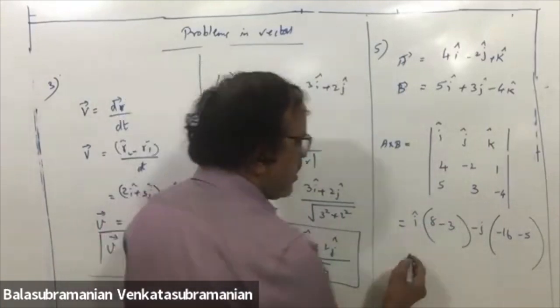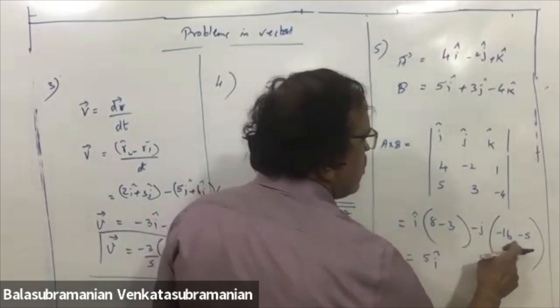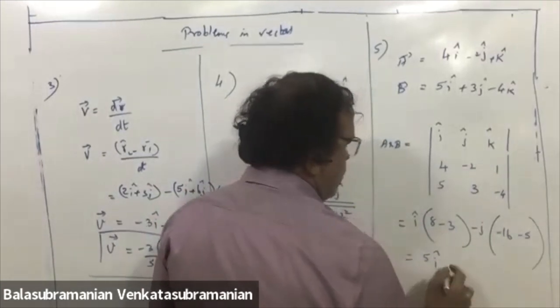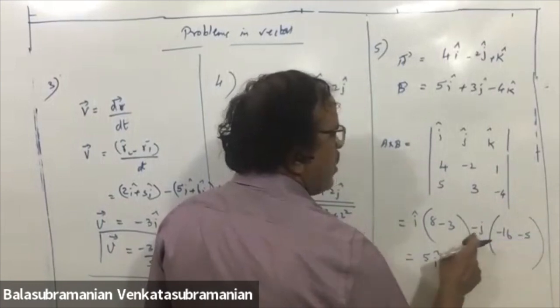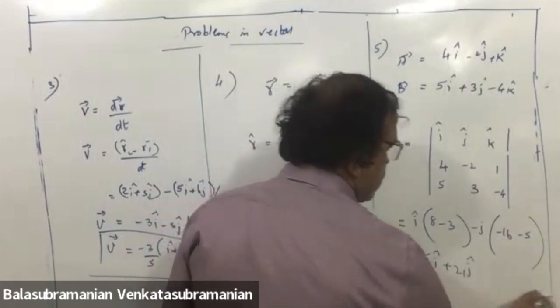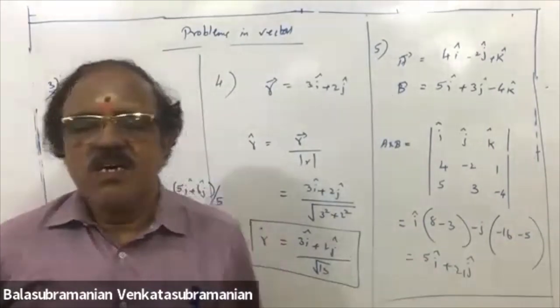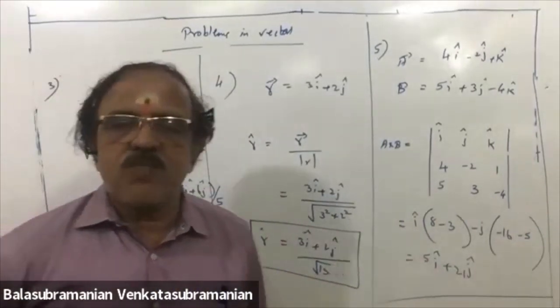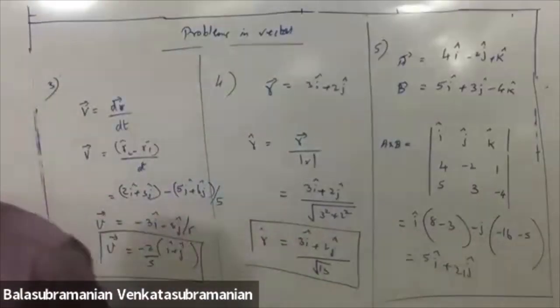So I can write 5i, minus 16 minus 5 is minus 21, plus 21j. 5i plus 21j is the answer for vector product of two vectors A and B. Next.